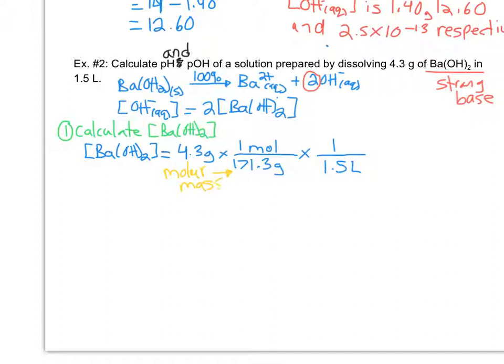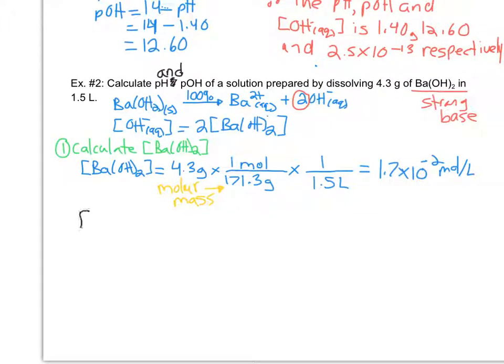So that would give us number of moles if we stopped at this point, and then we times it by 1 over 1.5 liters, and this is going to give us a concentration of barium hydroxide to be 1.7 times 10 to the negative 2 mole per liter.